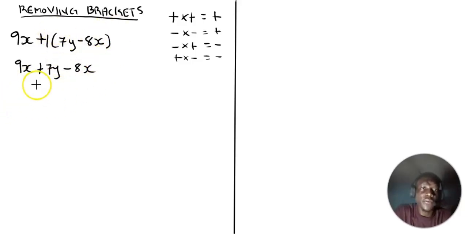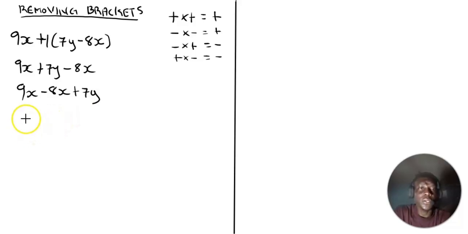So you have 9x. After this, you collect your like terms. Collecting like terms, you have all the terms with x as the variable on one side, and the remaining variable here, which is y, on one side. So then you have 9x minus 8x plus 7y.